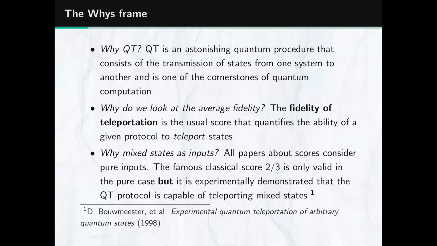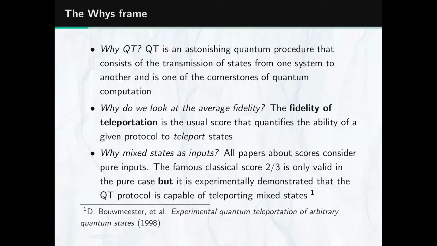Well, first of all, why quantum teleportation? Quantum teleportation is an important procedure for quantum computation, for example, and it consists of the transmission of states from one system to another. For example, you have a system A, and you would like to send this state to another system.